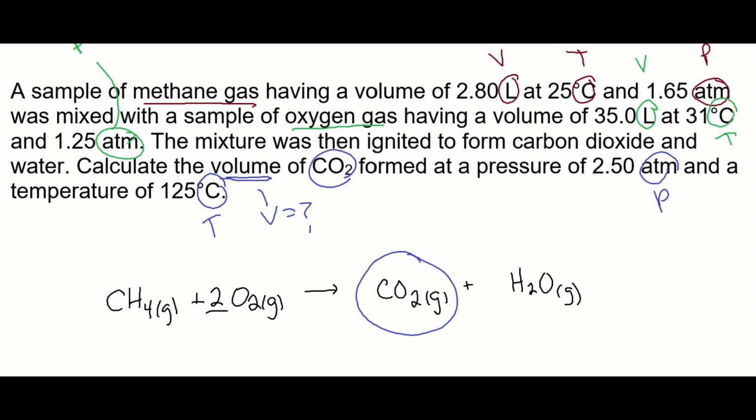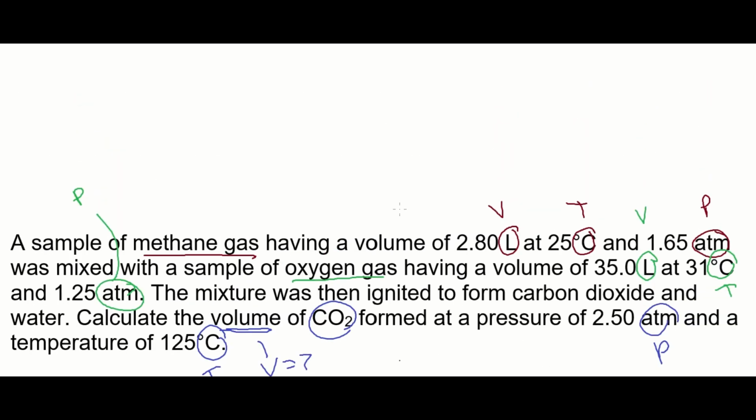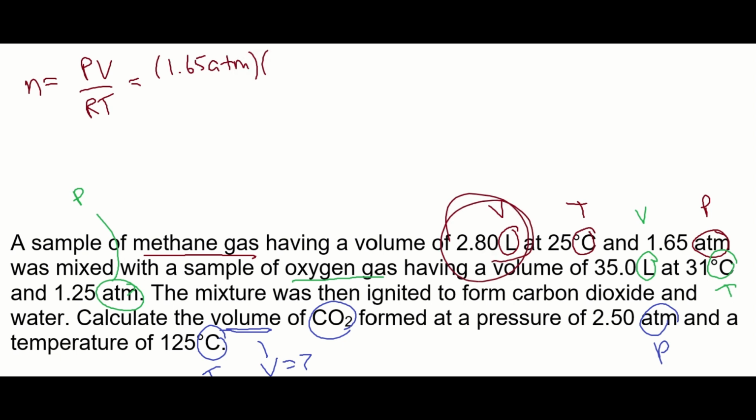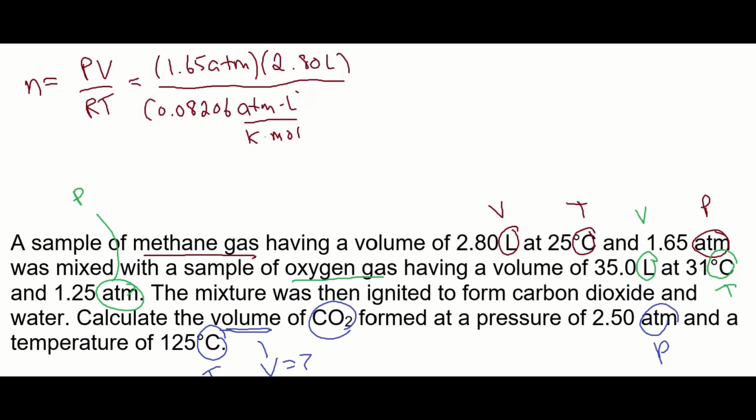I need to find the number of moles of each of the reactants. I'll do methane in this maroon color. The pressure is over here, 1.65. The volume is over here, 2.80. The gas constant we need is the one with atmospheres in it. And the temperature is right there.